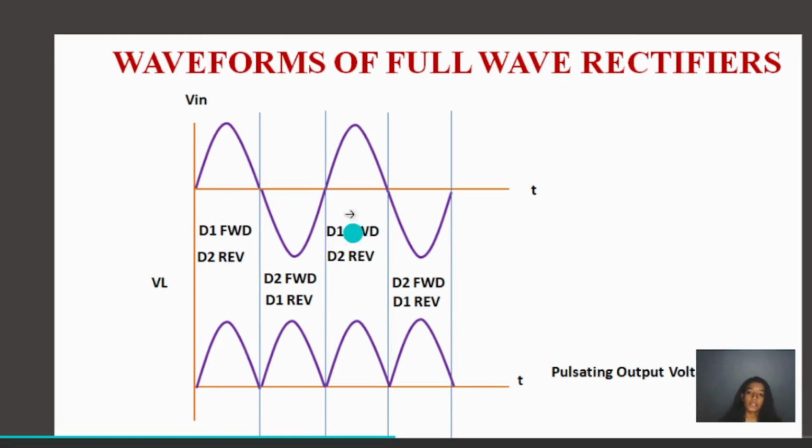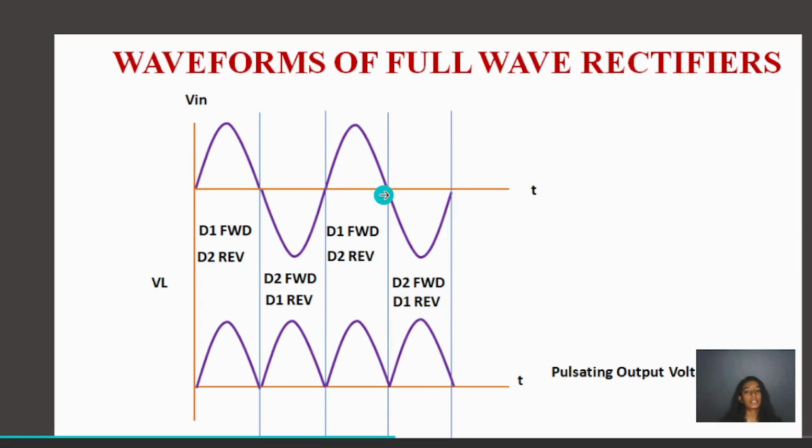And during the same full cycle, when we take a negative half cycle, we can see that D2 is forward biased and D1 is reverse biased, and this will be the output, and this output is through D2. Similarly, when we take a whole new waveform, and in that if we consider the positive half cycle, again we'll see that D1 is forward biased and D2 is reverse biased, and this will be the output.